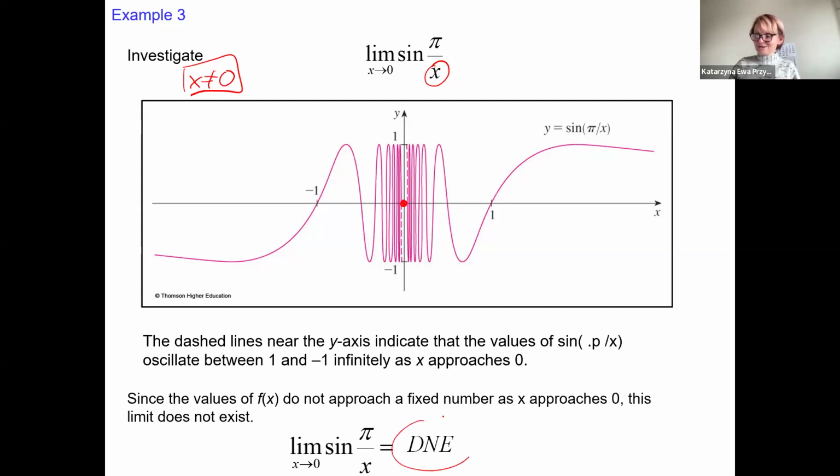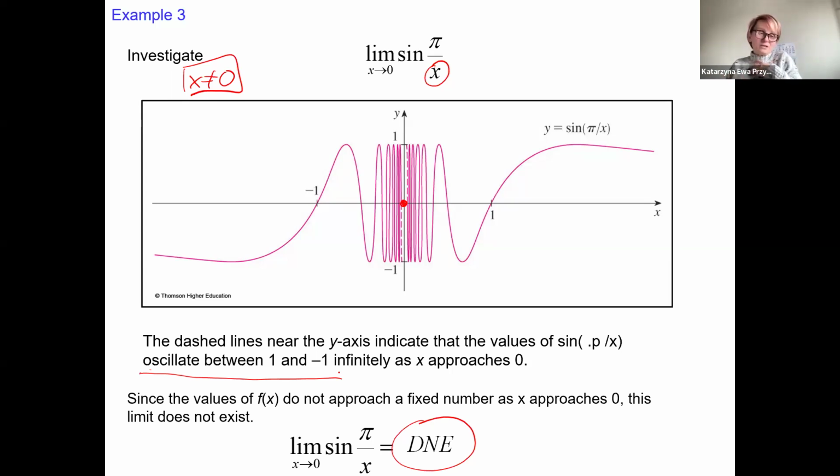Okay, the limit does not exist. If you decide to put that answer, we always have to give a little bit of justification, an explanation: oscillation between 1 and -1. The limit does not exist because it's oscillating infinitely many times.